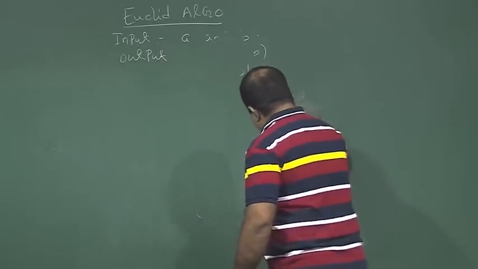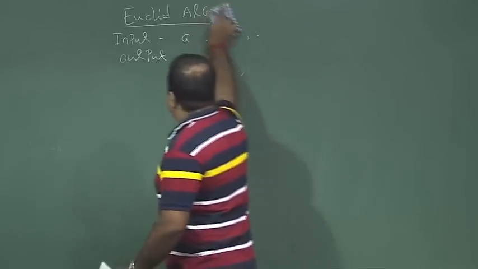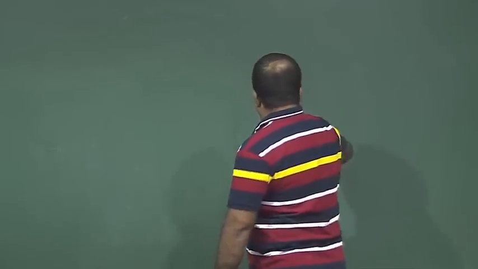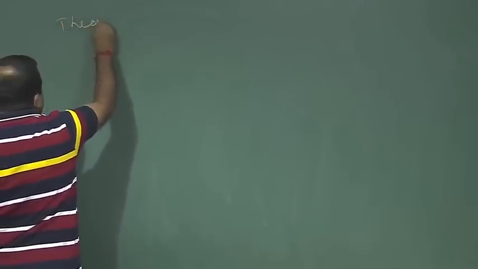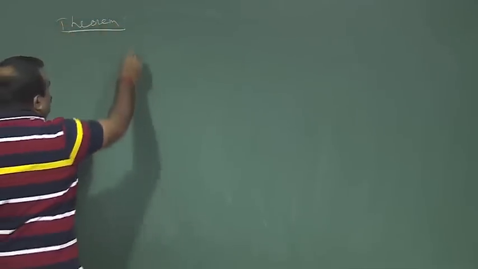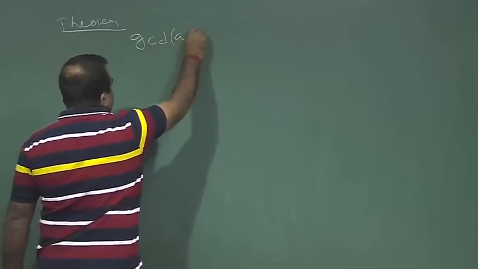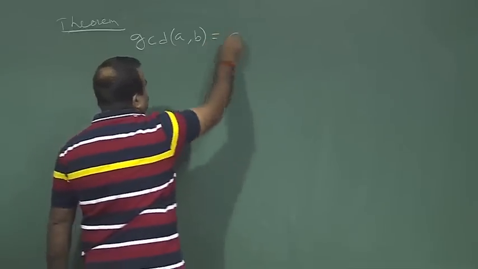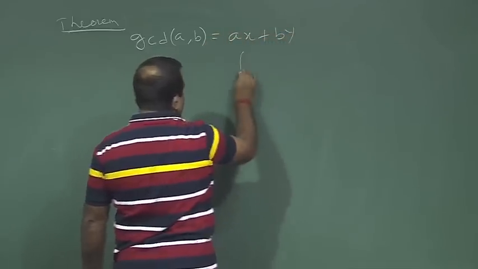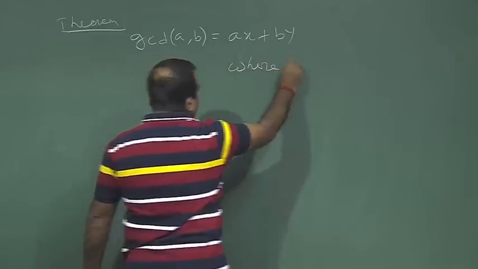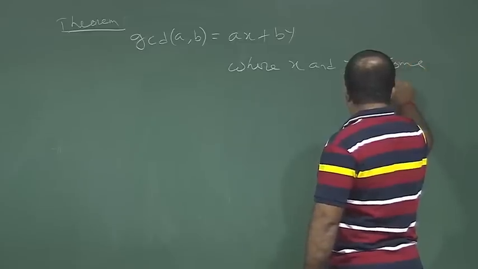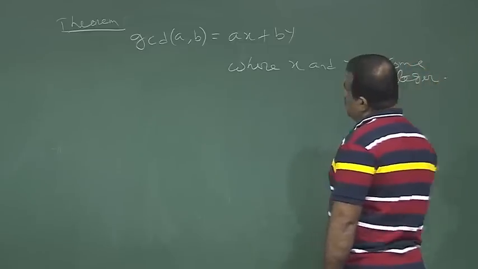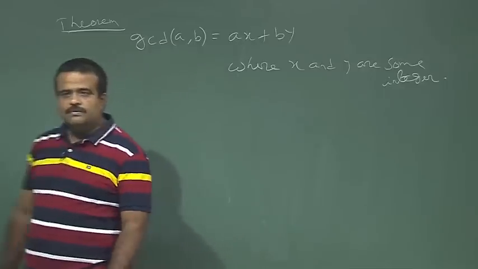Now, before going to the extended Euclidean algorithm, there is this theorem: the GCD of a, b can be written as ax plus by, where x and y are some integers. We will prove this theorem.